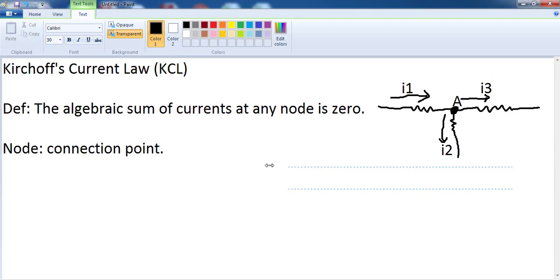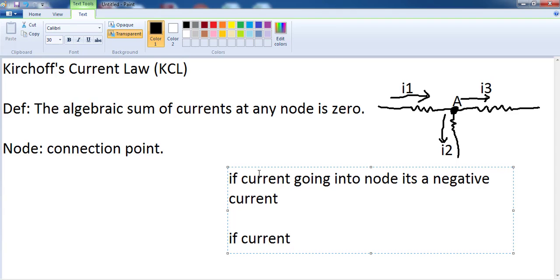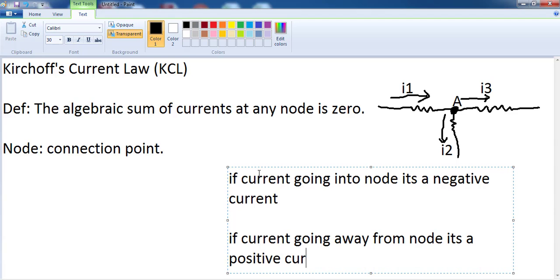Let me write that down. If current is going into a node, it's a negative current. And if current is going away, leaving the node, it's a positive current.